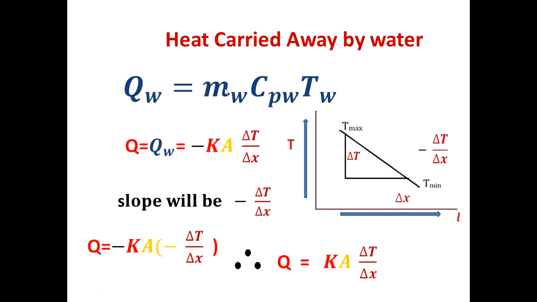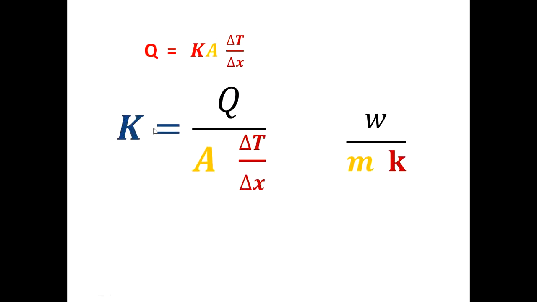Q w is equal to m w Cp w, and Q w is equal to minus K A dT by dx. You will get the thermal conductivity negative, then you multiply, and you get delta T divided by delta X. Therefore K is equal to Q divided by A into delta T divided by X. You want to draw the graph using graph sheet and get the thermal gradient, that is delta T divided by delta X, in watt per meter Kelvin.